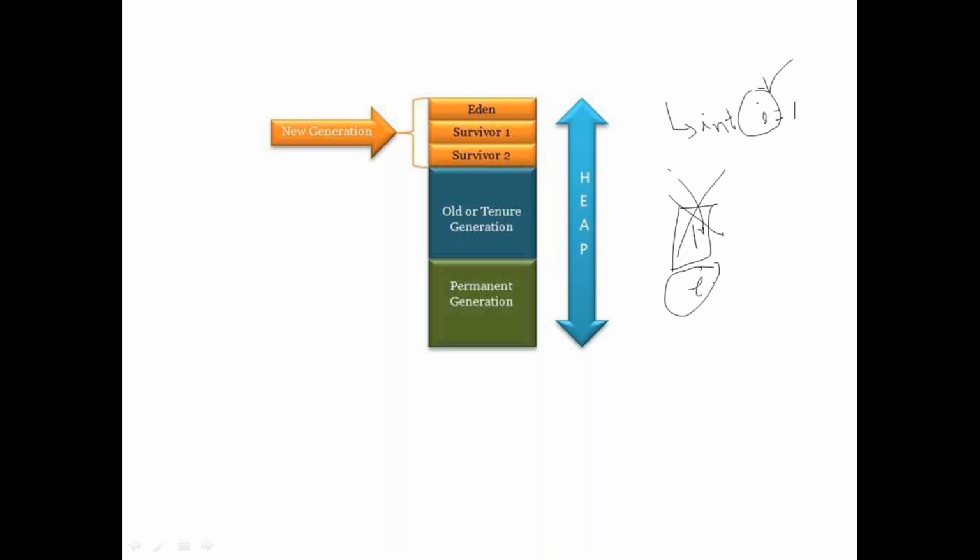Are we clear with that? Yeah, clear. Why? Because you don't have infinite memory, you have only finite memory. So once you have allocated it and are done with it, you have to deallocate it so that the memory is freed up and can be allocated to something new.